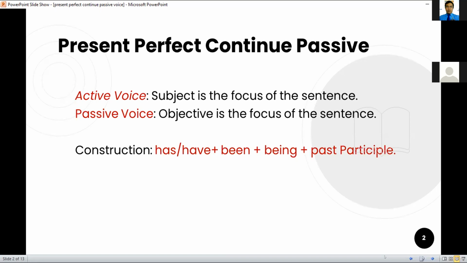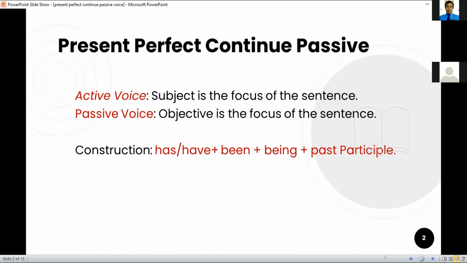We use the passive voice when we don't know who the subject is, when it is not important who the subject is, or when it is obvious to the listener or reader who the subject is. When we give more importance to the object of the sentence rather than the subject, we always use passive voice.